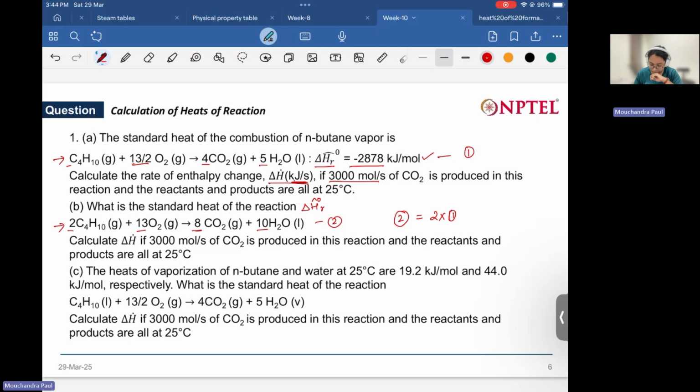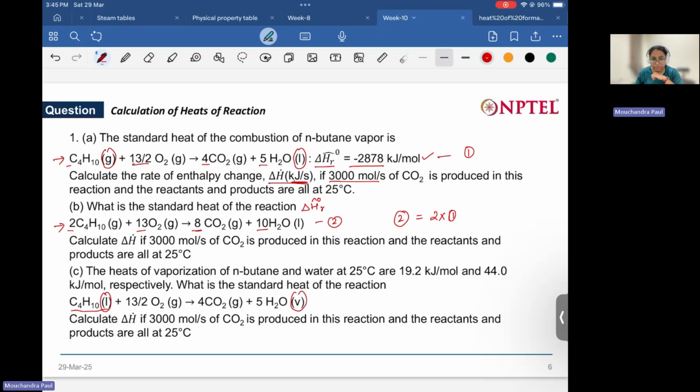If you notice, the butane state is now liquid, whereas initially it was gas in part A. And the state of water is now vapor, whereas initially it was liquid. So there is a phase change that took place.